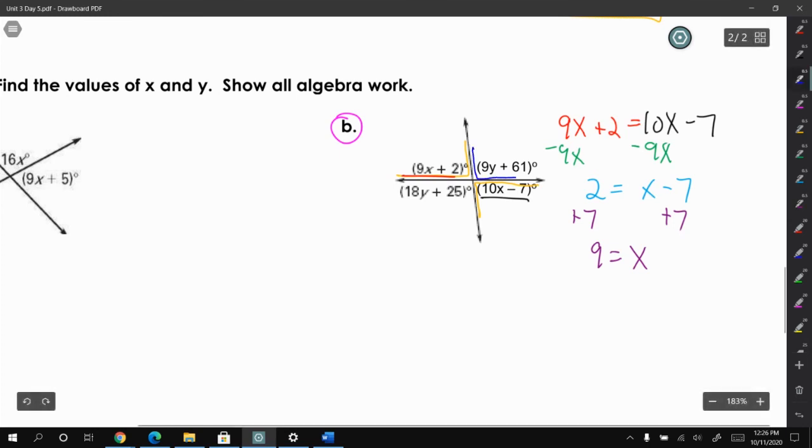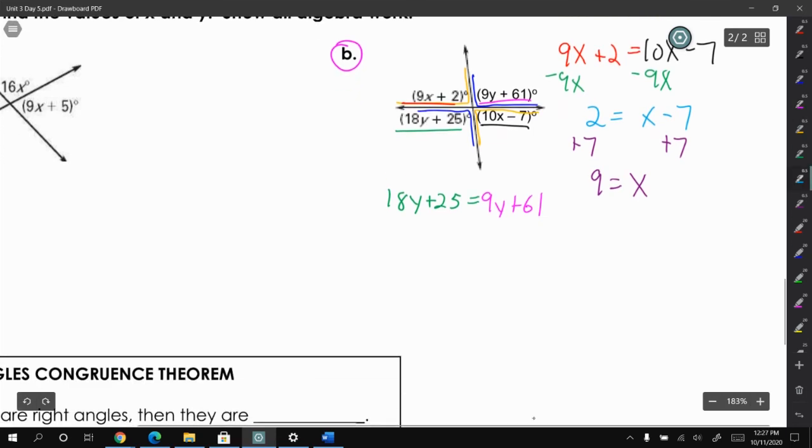And then these two angles here are also vertical angles, so those two angles are congruent. So we'll do 18y plus 25 is equal to 9y plus 61. And we'll solve this one.